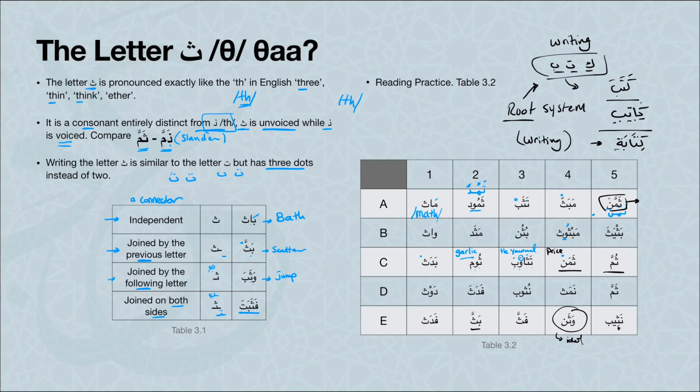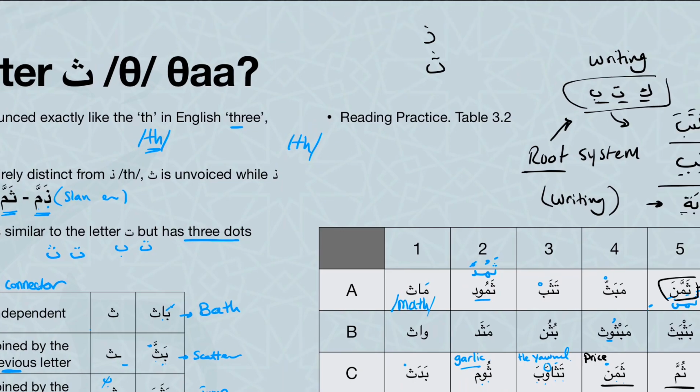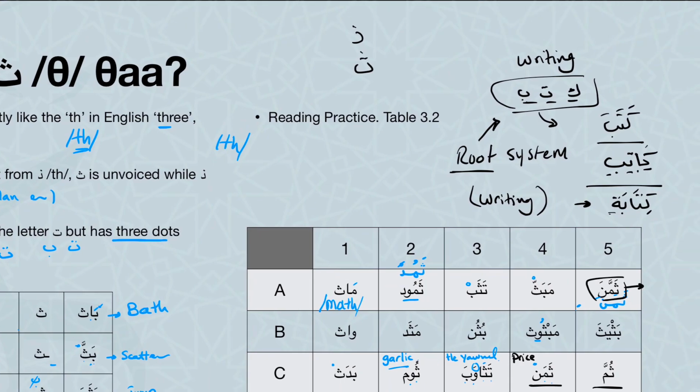Oh, yes, that's a good question. The difference between the two letters, basically this one and this one, right? Let's start with their English counterpart, because that's how you would start to differentiate them.